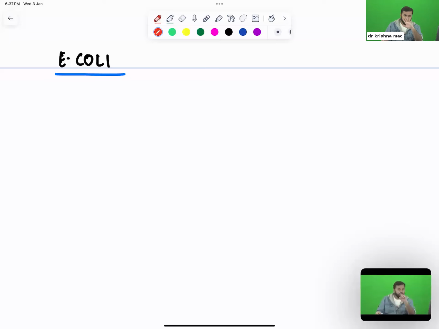Either in infectious disease or in microbiology, out of these two, 100% this question will be asked on E. coli. Every year, whether it is FMGE or NEET PG, there is one question on E. coli. So learn this E. coli very nicely, I'm telling you.